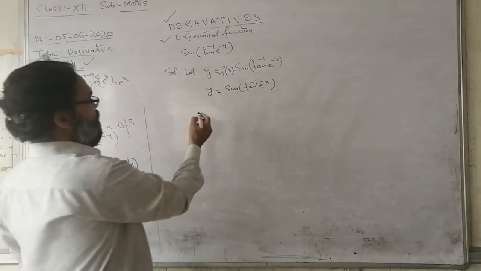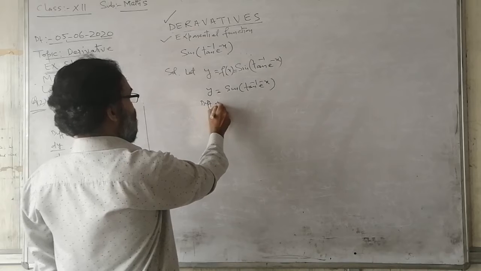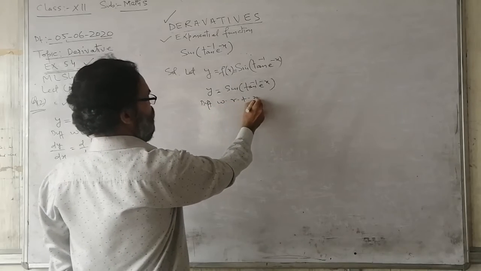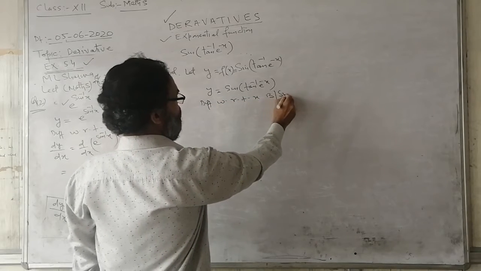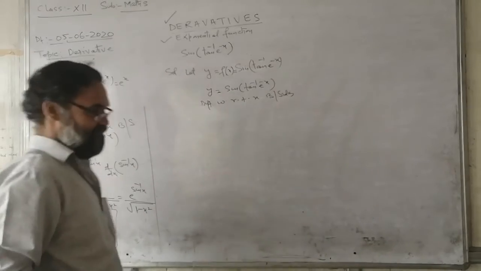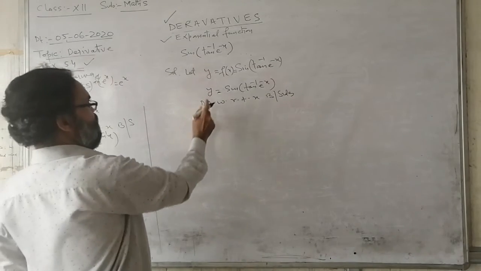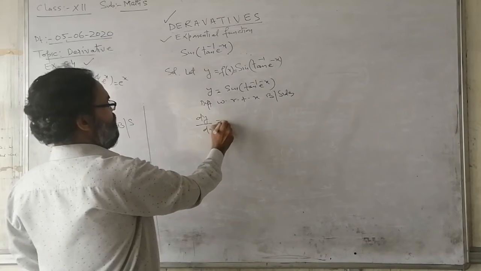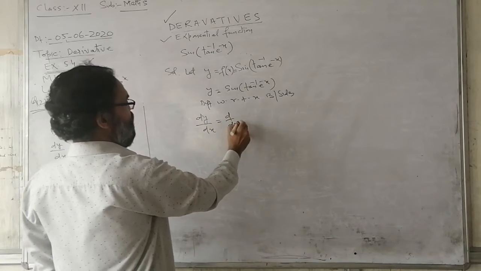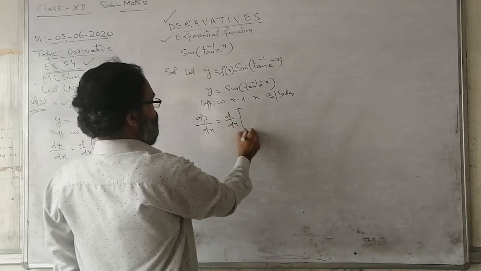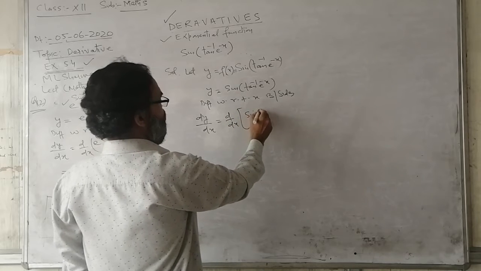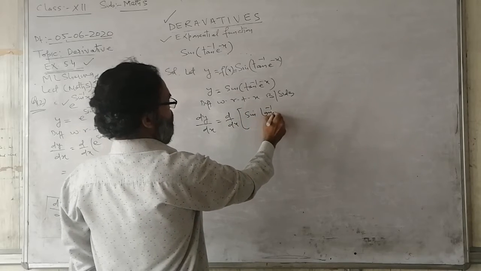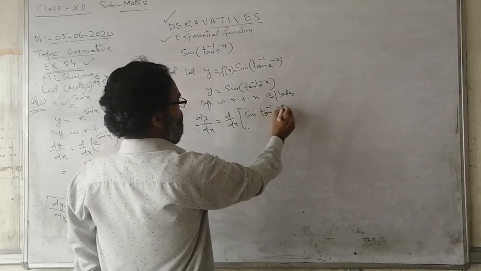So differentiate with respect to x both sides. So this will be dy upon dx, and this will be d upon dx of sine of tangent inverse e raised to minus x.